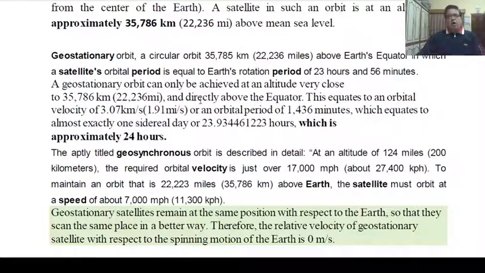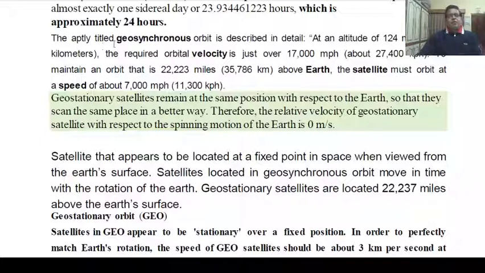This equates to an orbital velocity of 3.07 km per second, or an orbital period of 1436 minutes, which equates to almost exactly one sidereal day, that is 23.934461223 hours, which is approximately 24 hours.